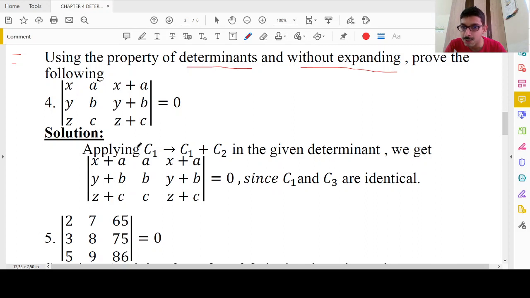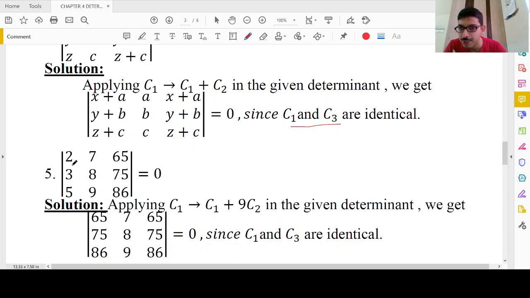So here I have used the transformation C1 changes to C1 plus C2. If I use C1 plus C2 in this one, C1 will become x plus a, y plus b, z plus c. So x plus a, y plus b, z plus c, and a b c. Then x plus a, y plus b, z plus c. This will be equal to 0 because first and third columns are identical. So without expanding we got this as 0 because here C1 and C3 are identical.